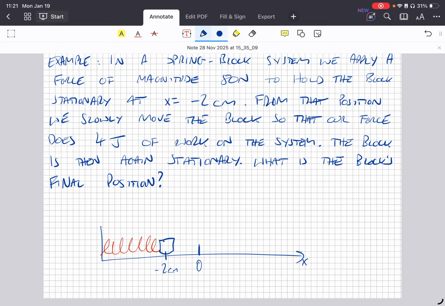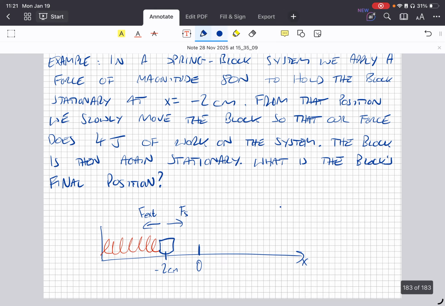So we are applying a force to this block to hold it stationary. Now remember, because the spring is compressed, it always wants to return to the equilibrium position. So the force due to the spring is acting towards the equilibrium position. So we are applying our external force in the opposite direction, and these two forces must be in balance in order to keep the block stationary at this position.